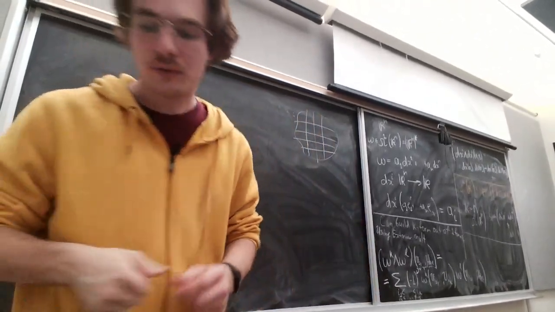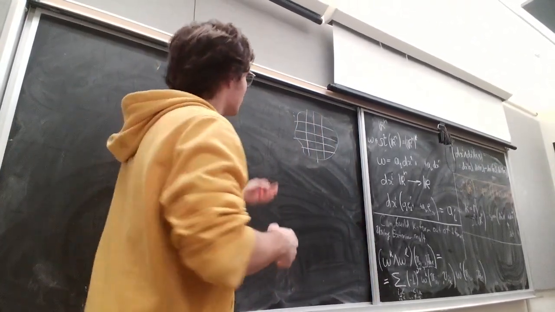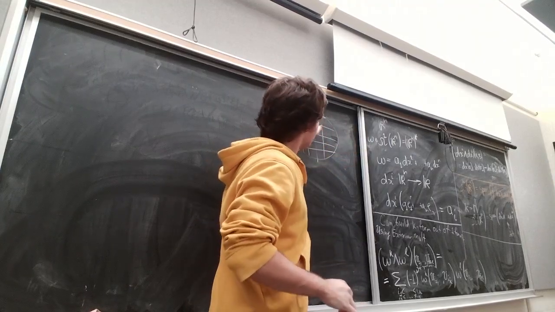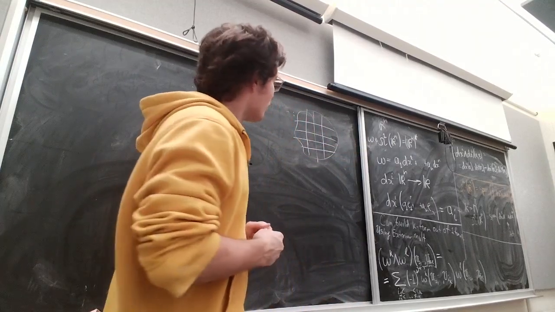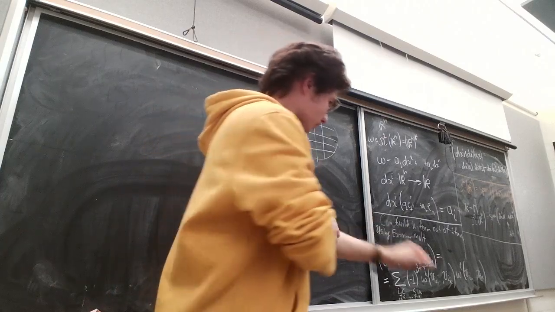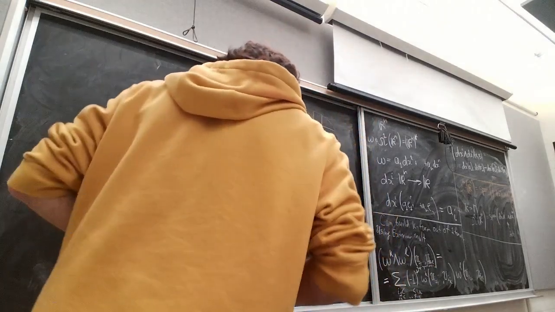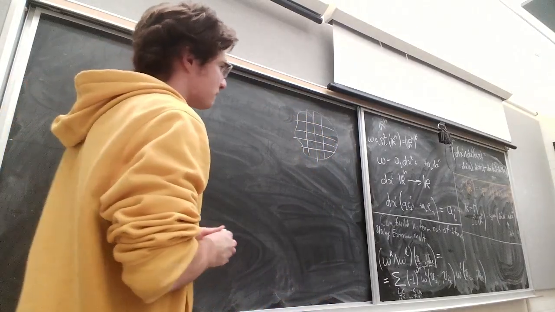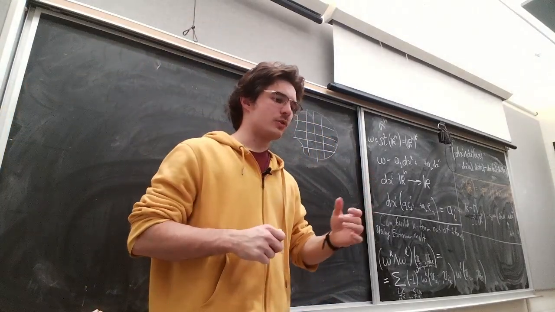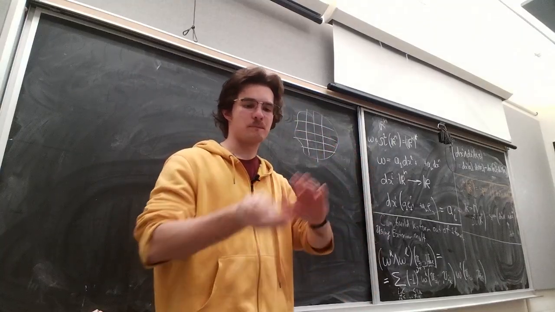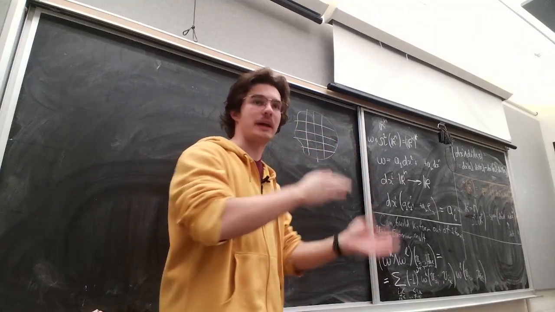what we would like to do is consider an arbitrary blob and use forms to do whatever. So what I can do now is allow my forms to have coefficients which change in space.